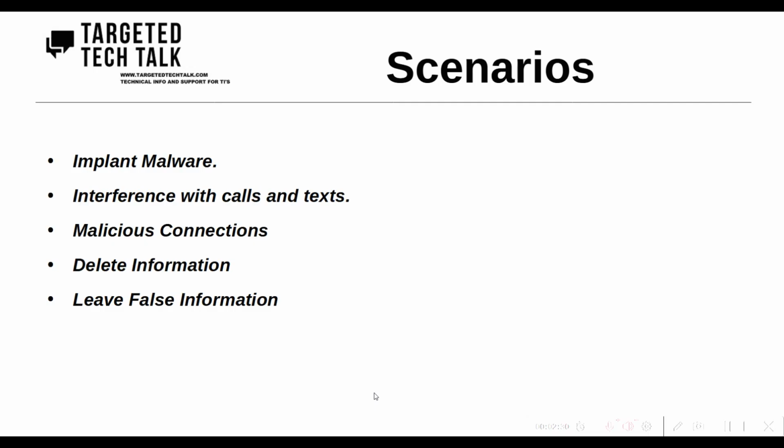So what are some of the scenarios in which this exploit could be used? It can be used to implant malware. If you have basically any device with a touchscreen, when you have that ability to bypass the network and bypass other controls, and interact directly with the touchscreen, you could do things like implanting malware.